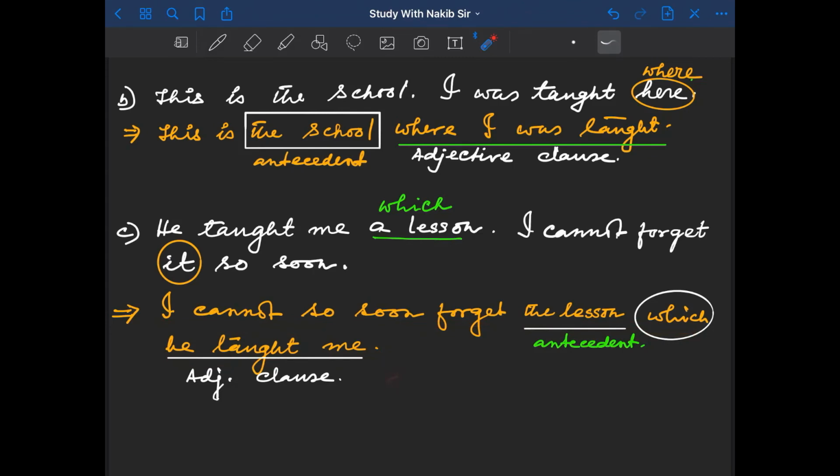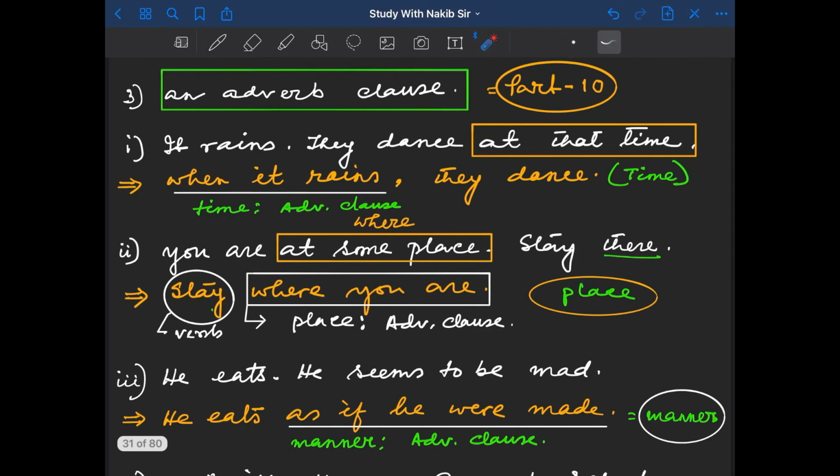Okay. Now come here. This is the third element that is used to combine two or more simple sentences into a single complex sentence. This is originally part 10 of the lesson series joining of sentences for the students of West Bengal board and the ICSE board. Okay, an adverb clause.